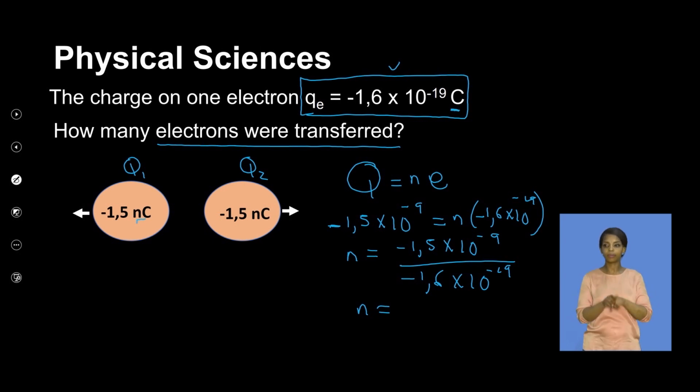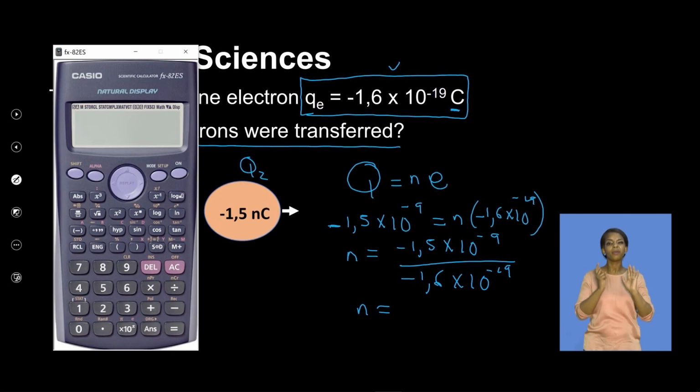On the calculator, take note of the negative that we used, negative 1.5 times 10 exponent negative 9. We divide that by negative 1.6 multiplied by 10 exponent negative 19, right? So that's the calculation there.